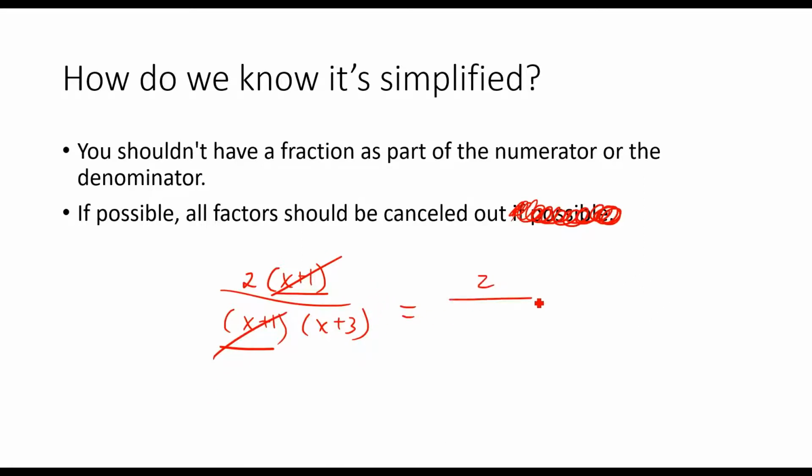Therefore, your answer here, once it's fully simplified, would be 2 divided by x plus 3. Notice that I took off the parentheses here, because at that point, x plus 3 is the only term. So whether you see the parentheses there or not, just think about it as being invisible, but they're the same thing.